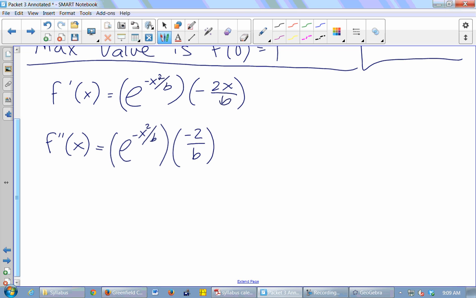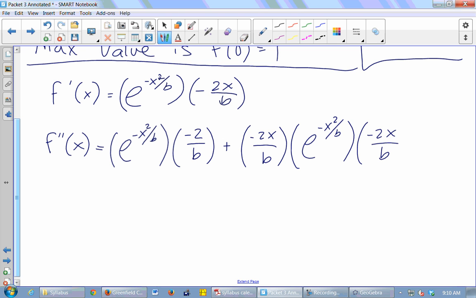Okay, so there's first times the derivative of the second plus the second times the derivative of the first. No, sorry, the derivative of the first is itself: e to the negative x squared over b times negative 2x over b.